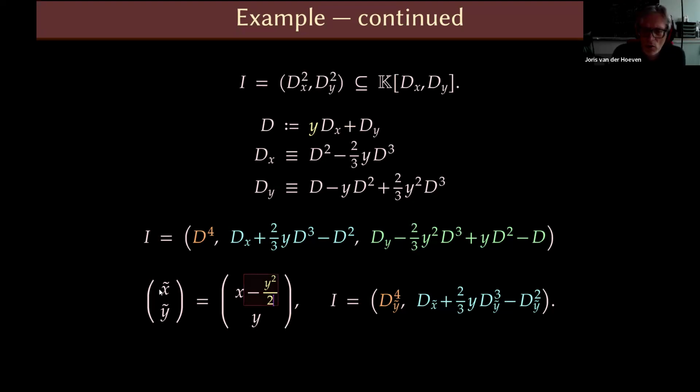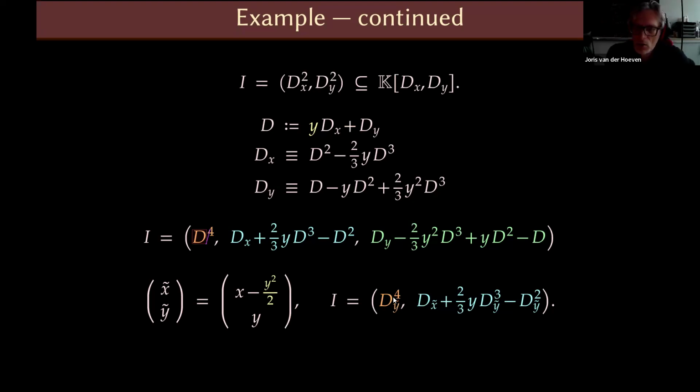If we look at this polynomial change of variables, then basically this is going to do exactly the same thing. So we do no longer need this one, but the d with respect to these new coordinates just becomes the d with respect to y tilde, the new coordinate.